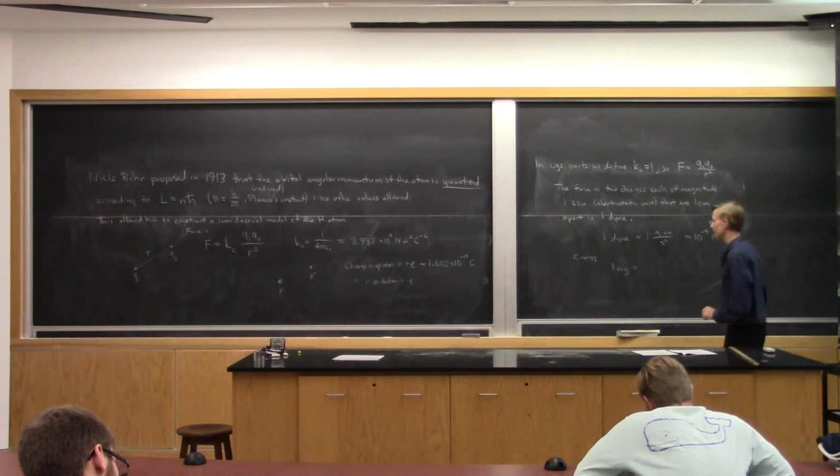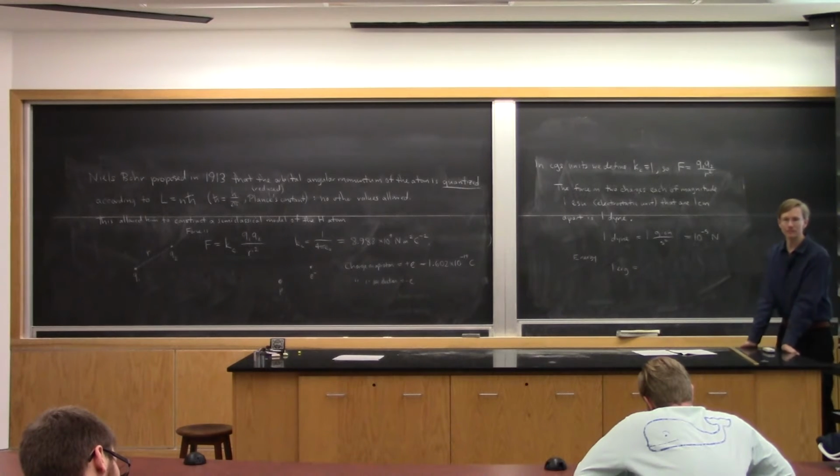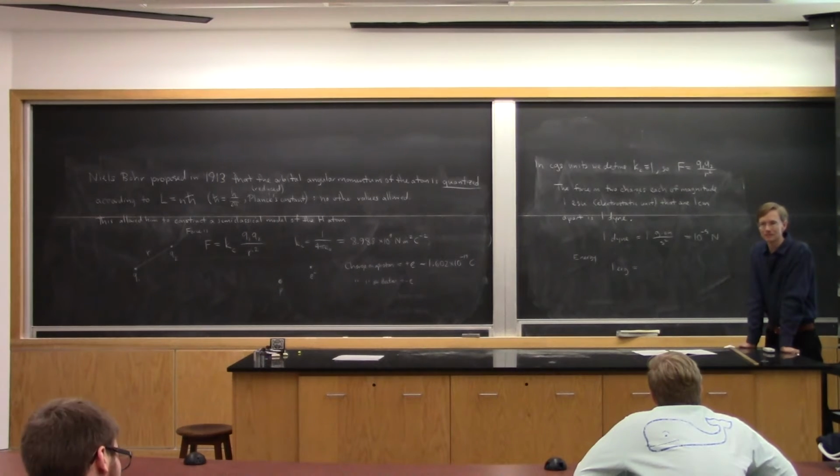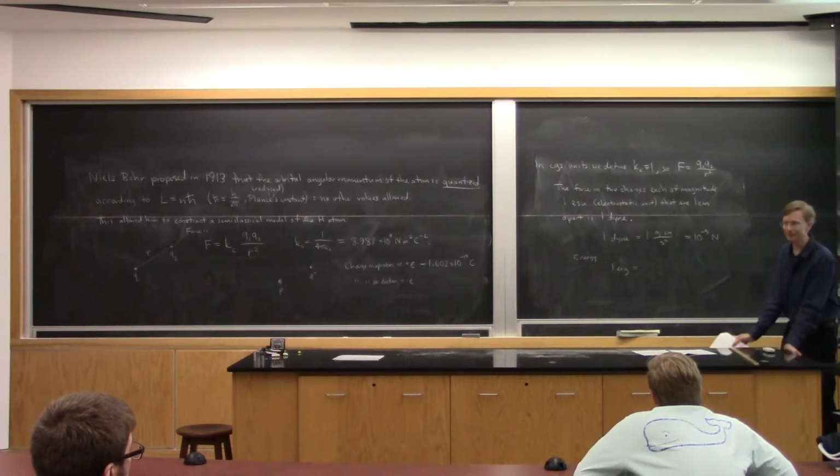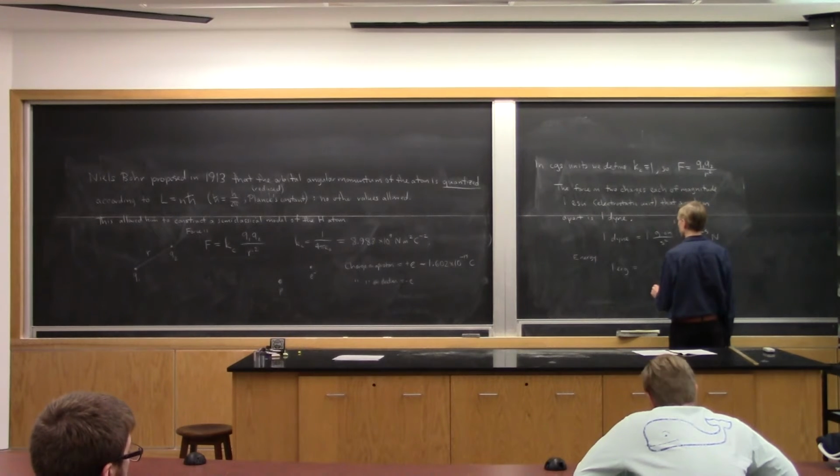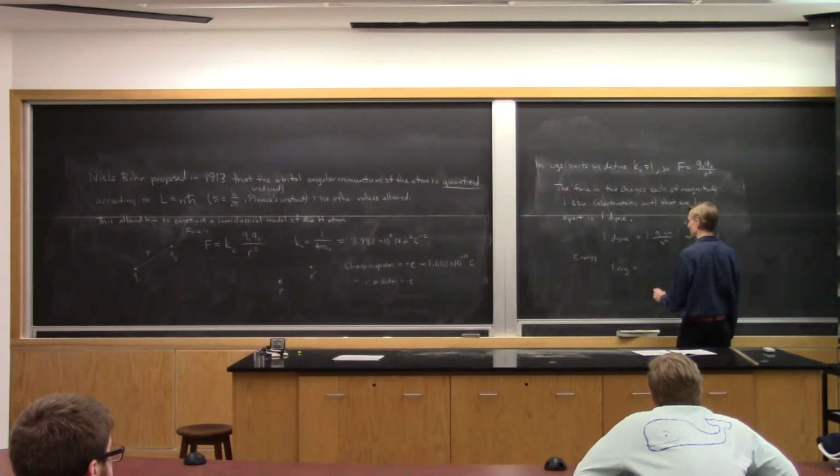So an erg, well, what's a joule in terms of kilograms, meters, and seconds? A newton is a kilogram meter per second squared. A joule is a newton meter, right? Or in other words, a kilogram meter squared per second squared.